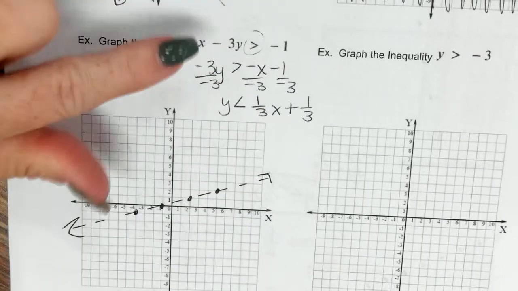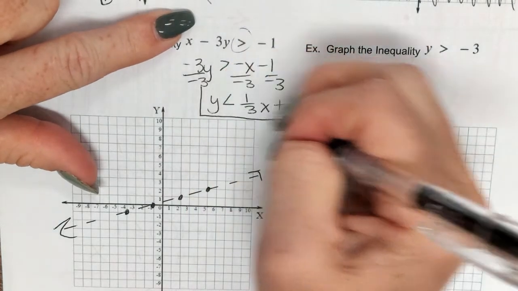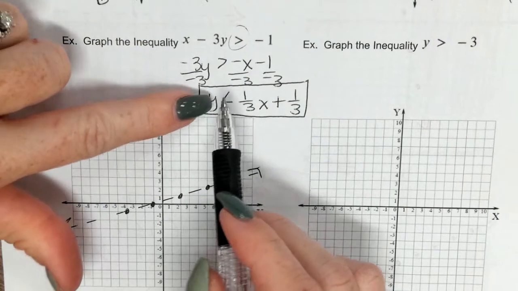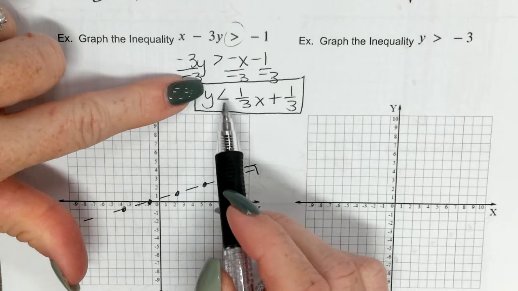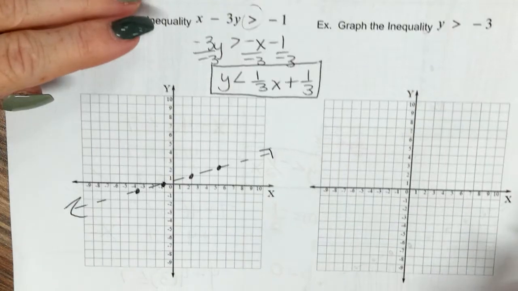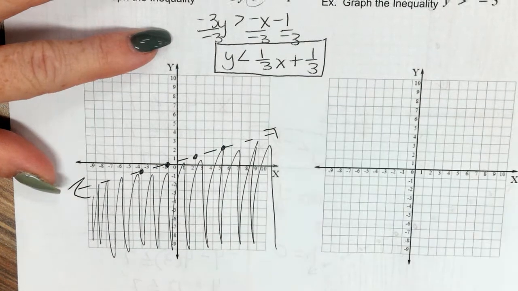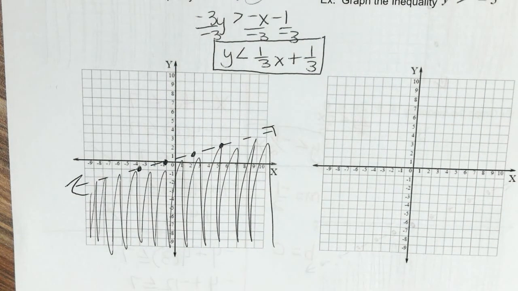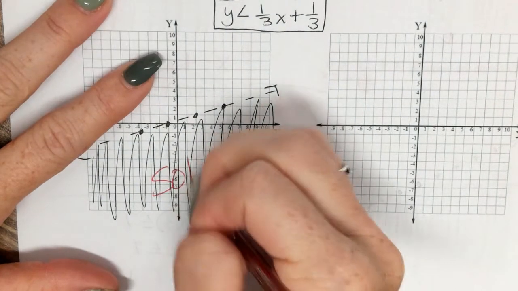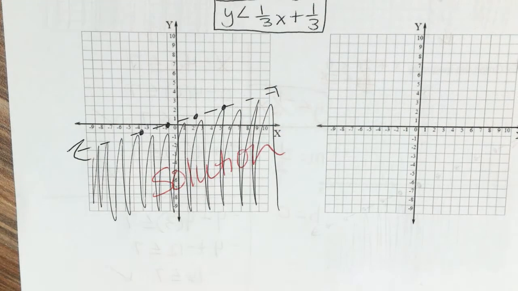Do not look at the original problem. We need to look at the one we rearranged. Since it says y is less than, where am I going to shade? Below. Everything down here is a solution. How about right here?